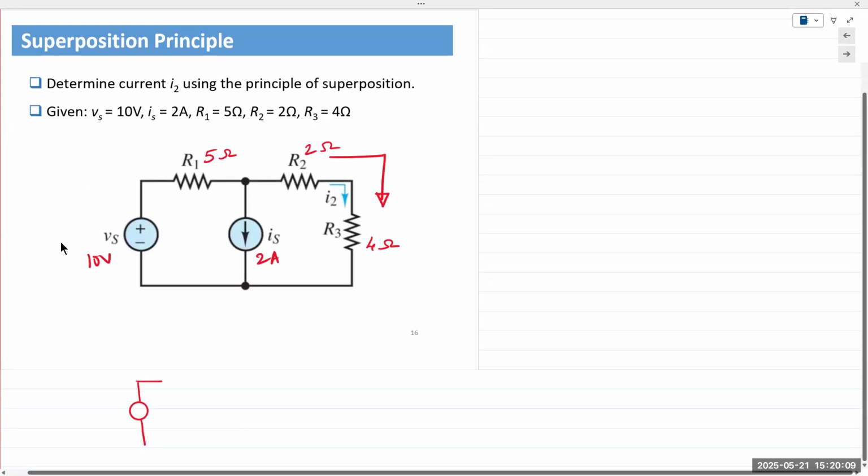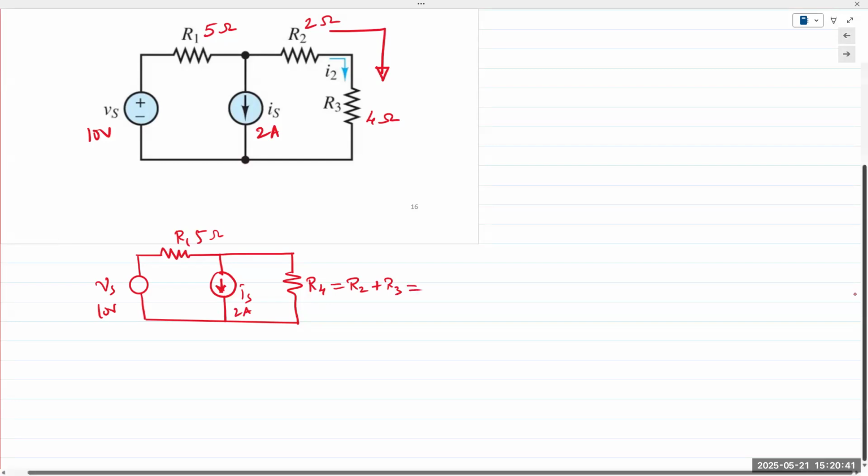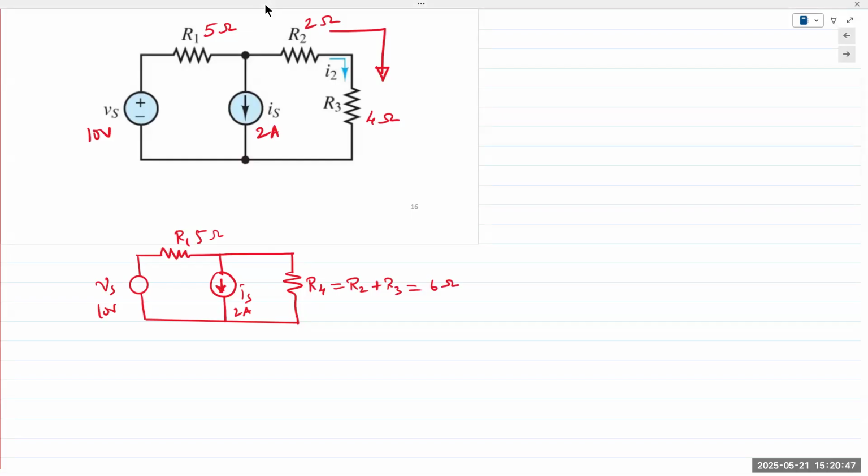Let's call this R4. R4 is equal to the series combination of R2 and R3. So R1 is 5 ohms, Vs is 10 volts, Is is 2 amps, and R4 is what, 6 ohms. All right. Now, the current I2 remains exactly where it is. That doesn't change.